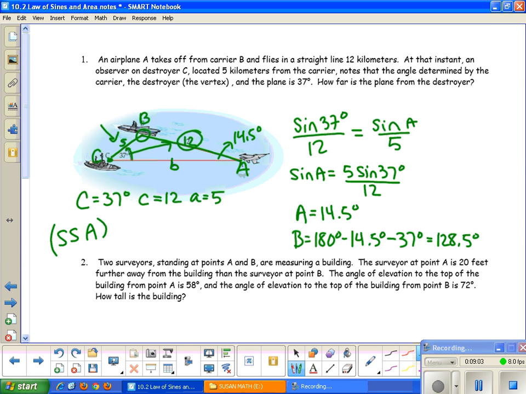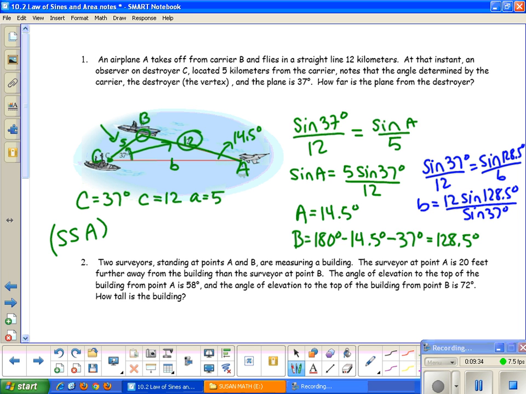So now that I know angle B, I can finally solve for length B. So the sine of 37 degrees over 12 equals the sine of 128.5 degrees over B, and then I cross multiply to solve. So in this case, B is equal to 12 times the sine of 128.5 degrees divided by the sine of 37 degrees.